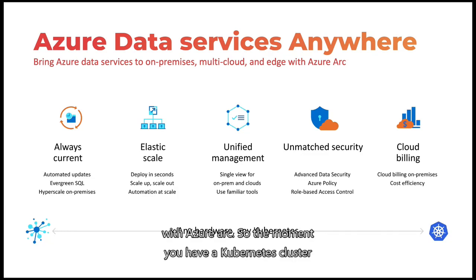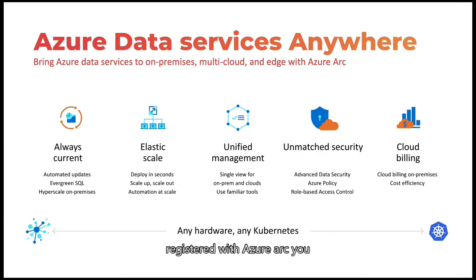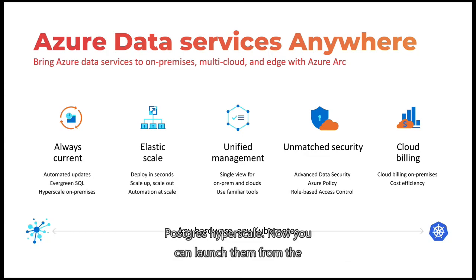So the moment you have a Kubernetes cluster registered with Azure Arc, you can run two managed services under Azure Data Services. One is Azure SQL and the other one is Postgres Hyperscale. Now you can launch them from the portal, manage the entire lifecycle from the portal and treat them like yet another instance of Azure SQL or Postgres.